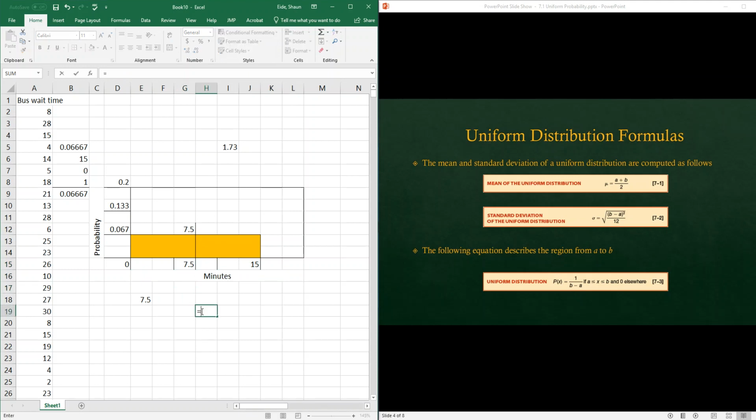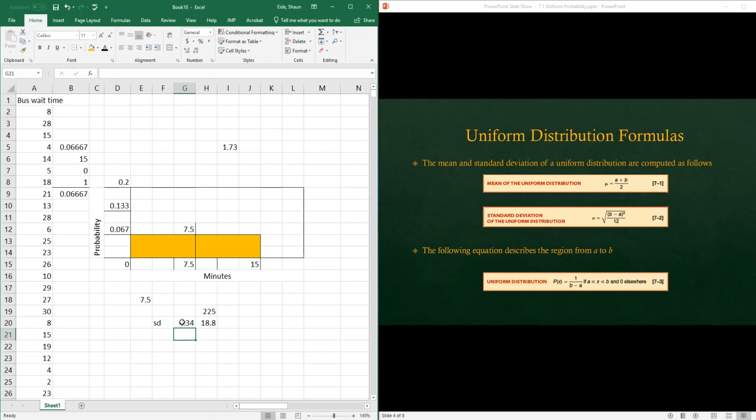Equals 15 minus a, which is 15. And then we're going to square that. And then we're going to divide that by 12. Okay, 18.8, and then we're going to take equals square root of 18.8, is 4.34 is the standard deviation.